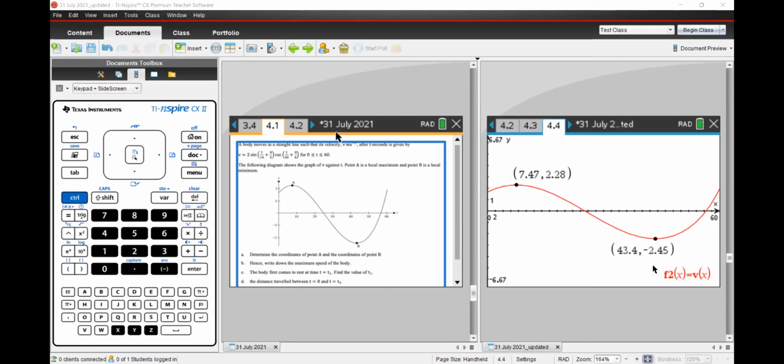This would be the maximum speed at 43.4 seconds. Hence, write down this maximum speed of the body. We already know that it is 2.45.